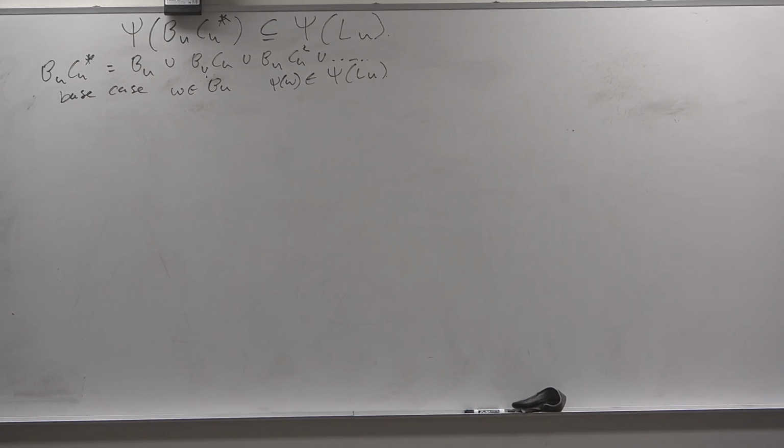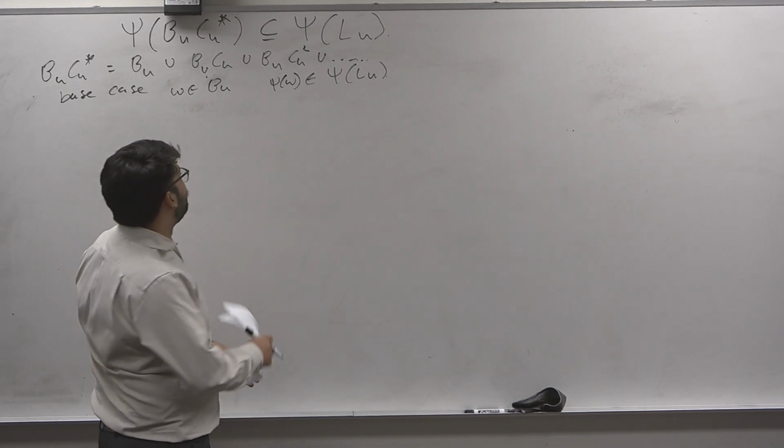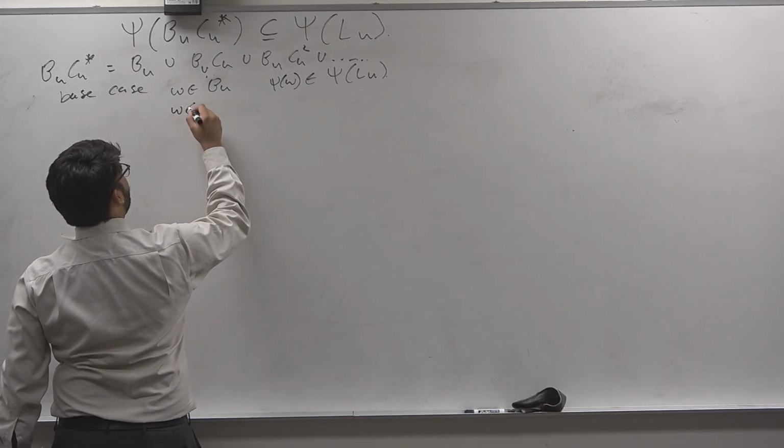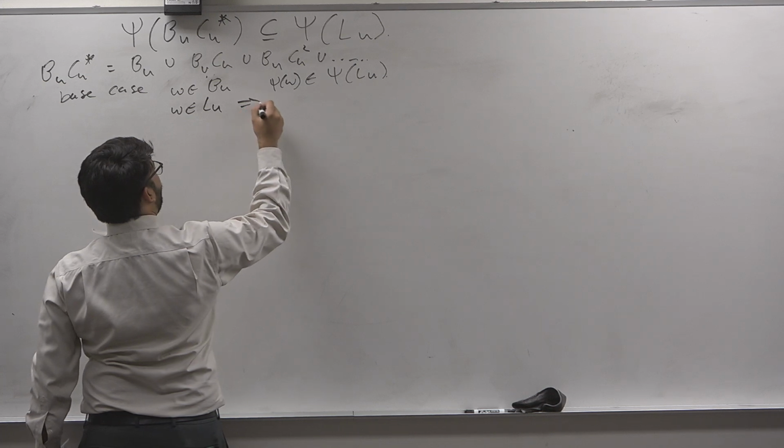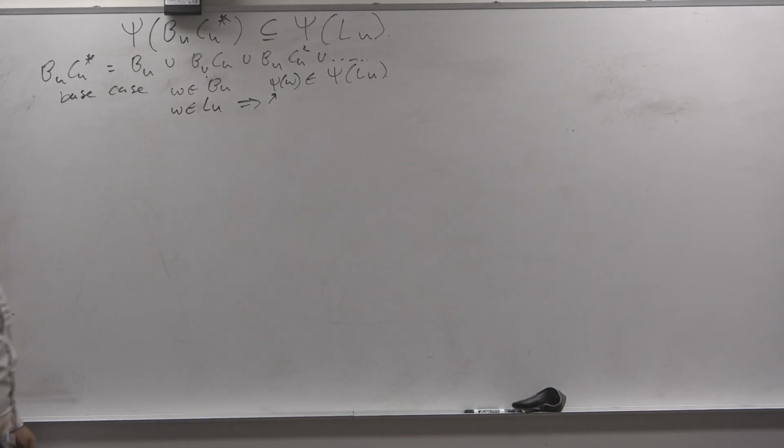Exactly. Just by definition, BU is explicitly what? It's just the set of strings in U less than something. So in fact, BU is a subset of LU. So if W is in BU, then W is in BU, which is a subset of LU. So trivially, we know from here that W must also be in LU, which implies this, right? The frequency's in there. Okay, done.